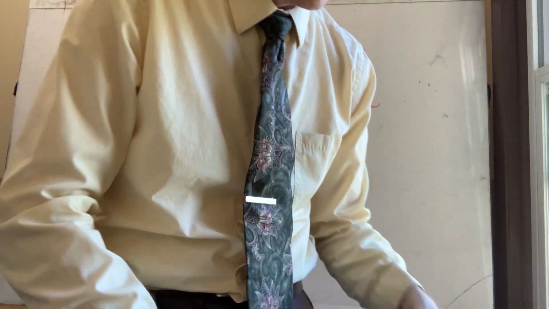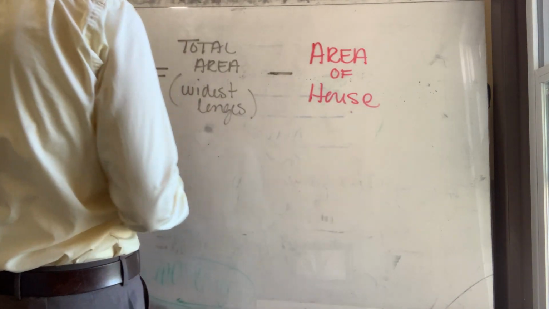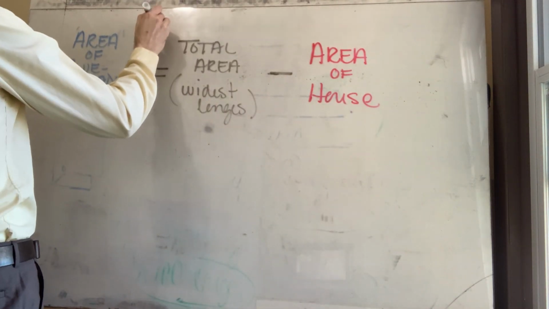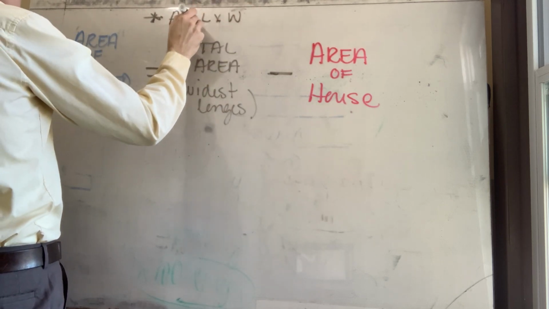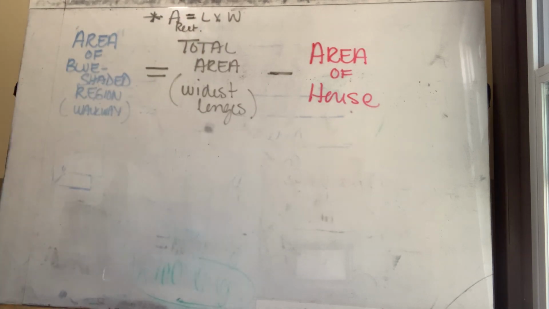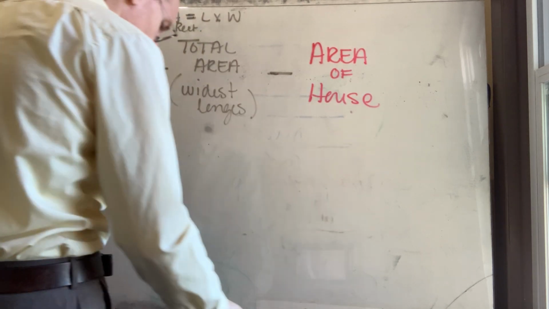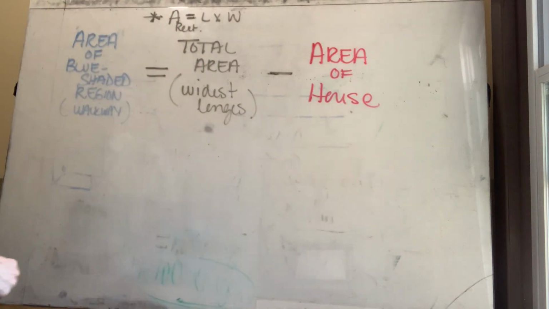So we're just going to use the area formula for a rectangle, which I'll put up here. Area is equal to length times width of a rectangle. I'll draw the picture here. Let's see.